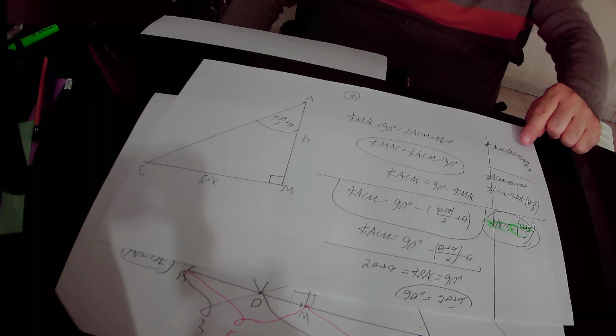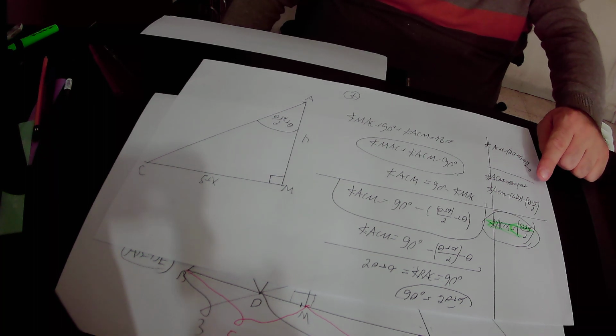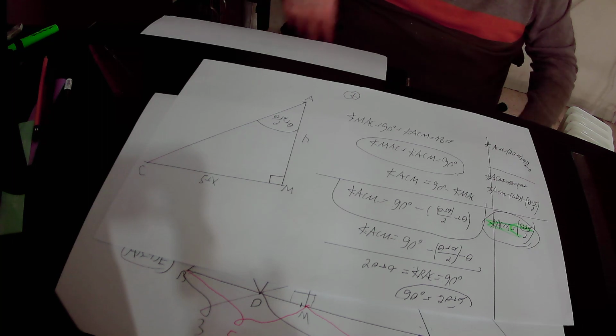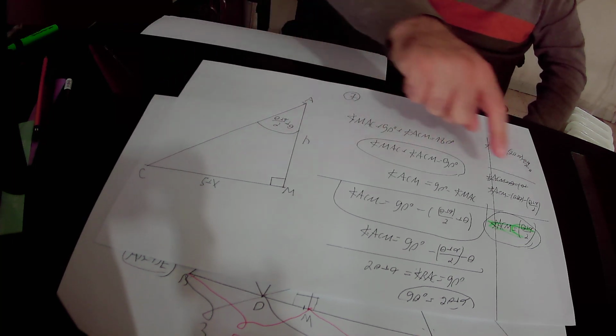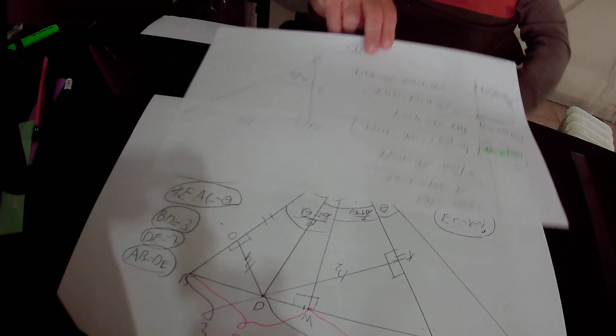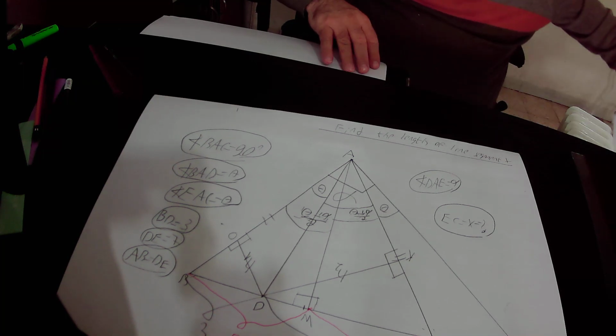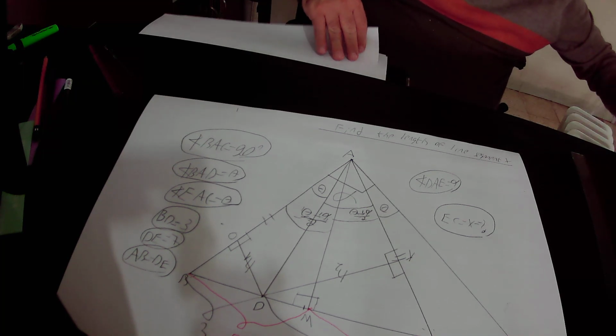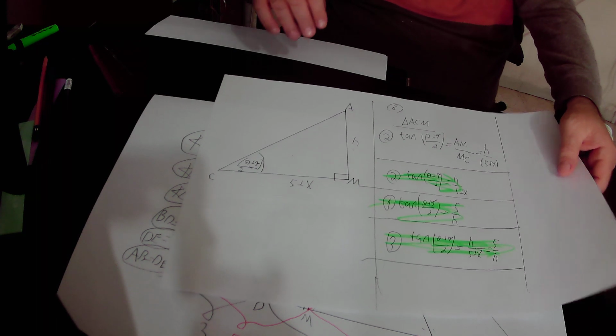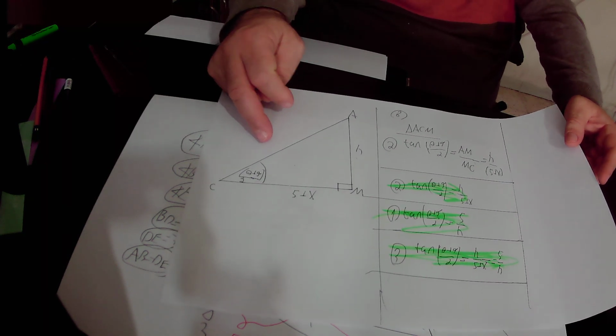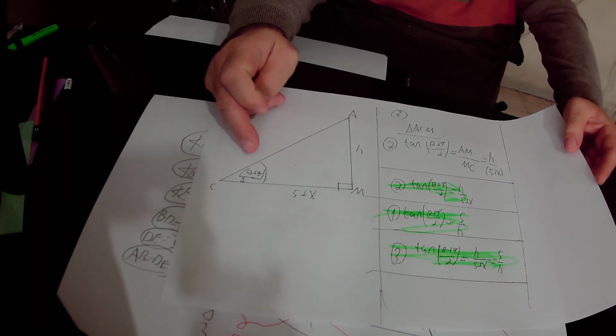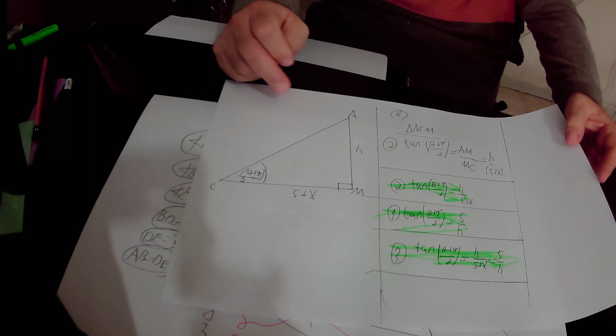So we have theta plus alpha minus (theta plus alpha over 2), and that equals theta plus alpha over 2. So we found out that angle ACM equals theta plus alpha over 2. I copied the right triangle ACM in a new page, and we found out that this angle ACM equals theta plus alpha over 2.